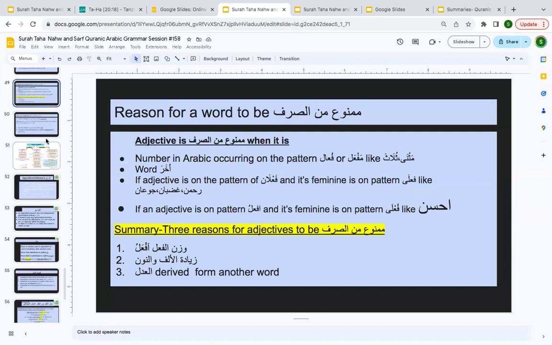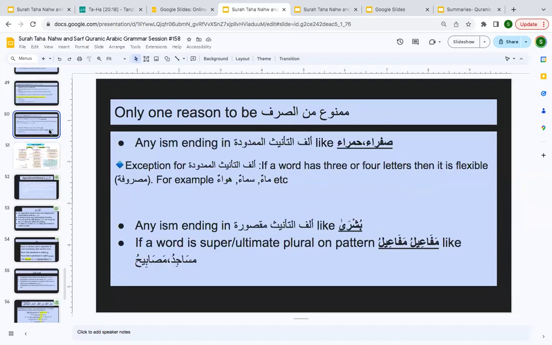So now that we are doing our reviews, if your word is ending with alifut ta'anisul mamduda or alifut ta'anisul maksura, your word is going to be partly flexible. It's going to be partly flexible.